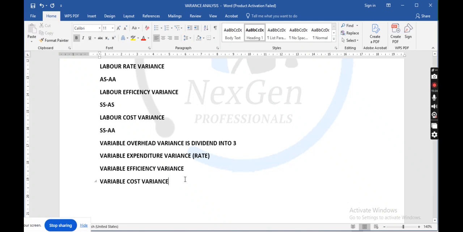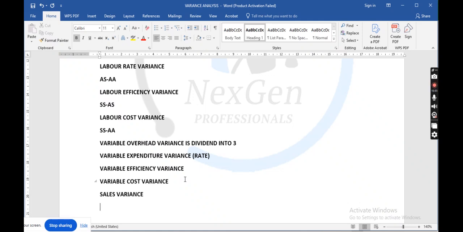Class. So another type of variance that we have is sales variance. You know, you make sales. Class, you will make sales. Now, under the sales variance, there are two types of variance, right?